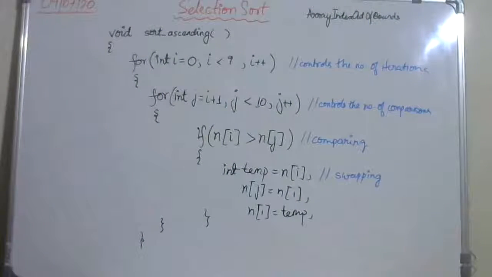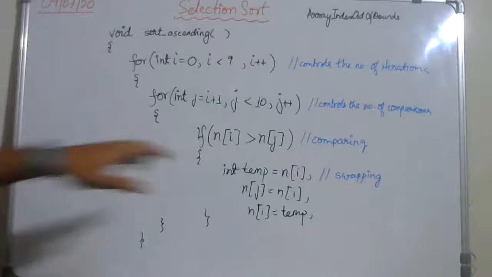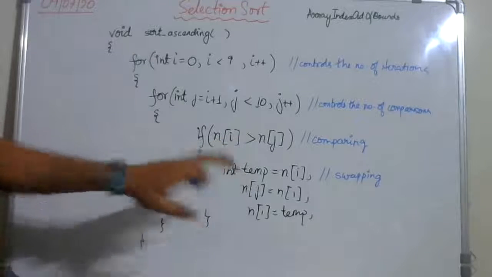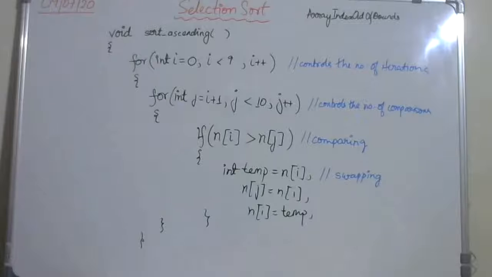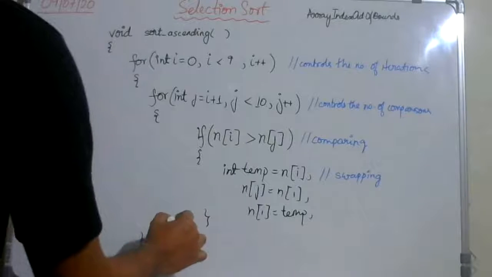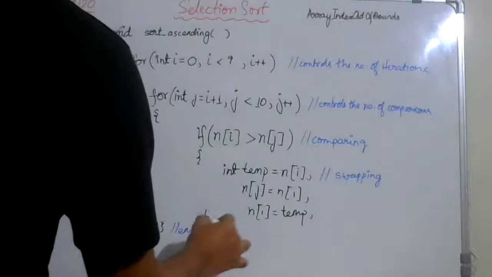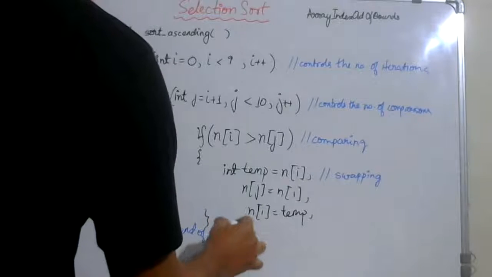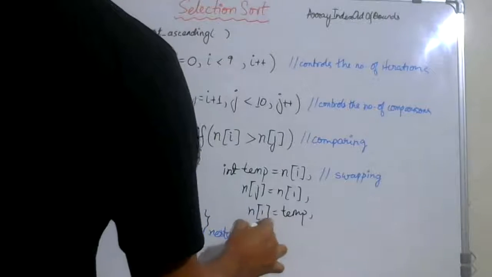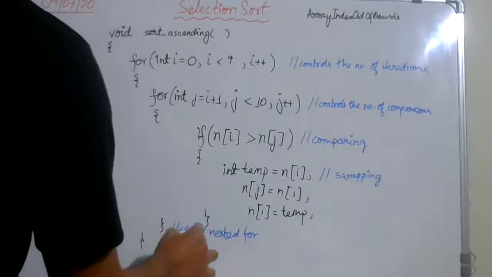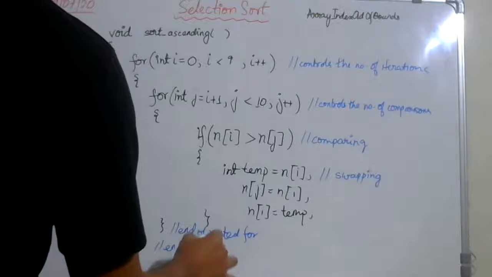In this if statement we are comparing, and inside the if statement, if this is true, we are swapping the elements. Now this is the end of the inner for loop, the end of the nested for, and this is the end of the outer for loop.